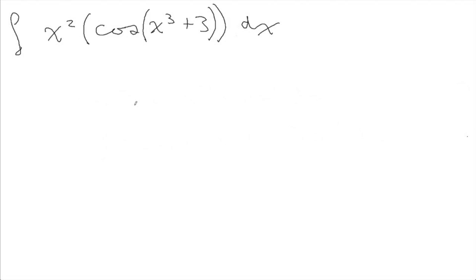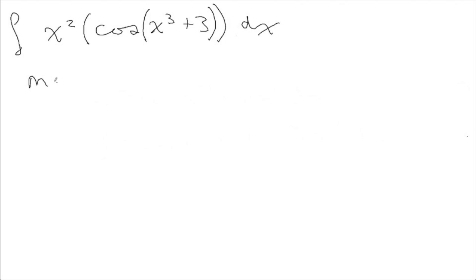Now, how do you know what to substitute? Well, you want to make a substitution whose derivative is also in the function, or at least up to a constant multiple.